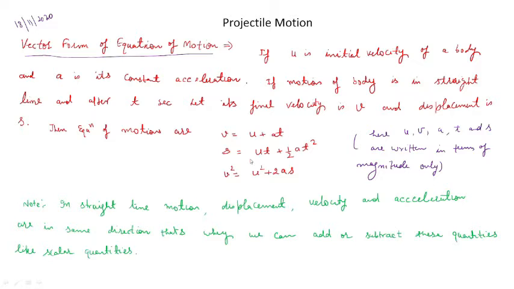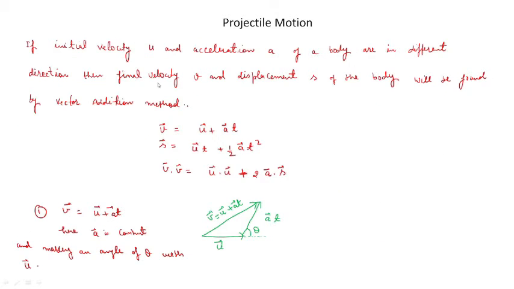That is why we can add these quantities like scalar quantities. But if the initial velocity and acceleration of a body are in different directions, then we cannot add these quantities like scalar quantities.